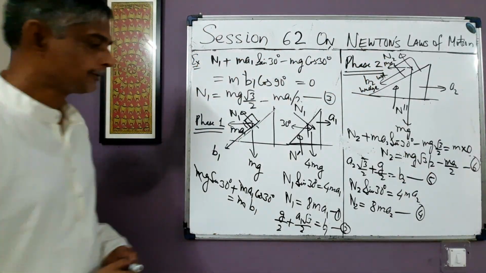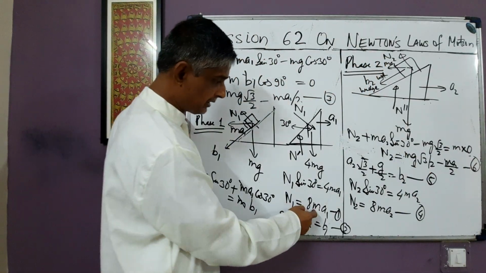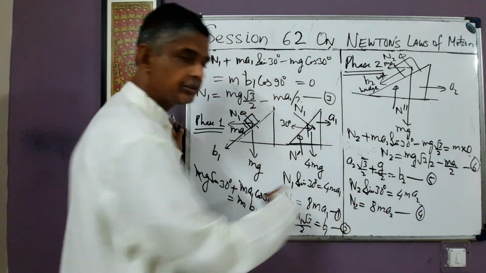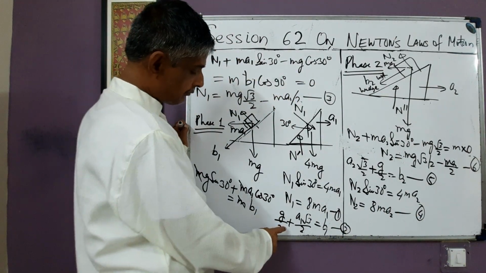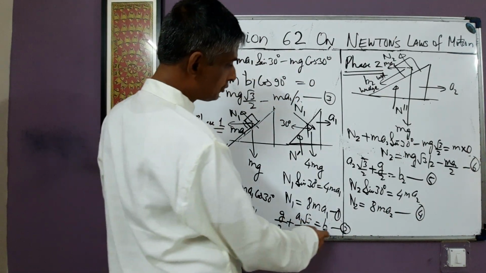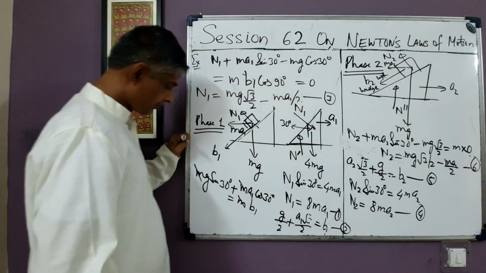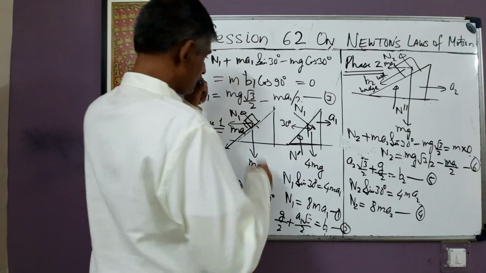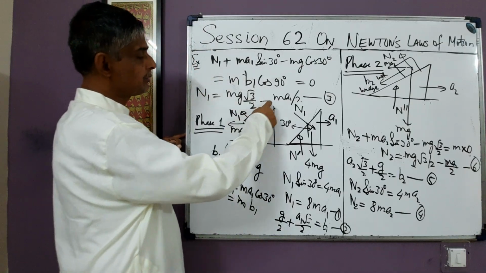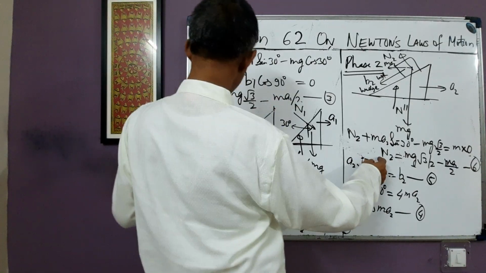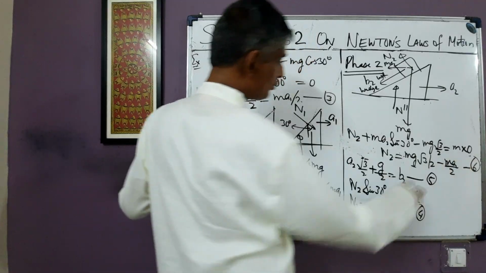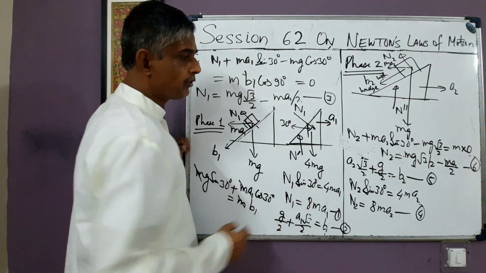Fine. So see the correspondence. n1 equal to 8 ma1, n2 equal to 8 ma2. They have identical forms. Upward journey, g by 2 plus a1 root 3 by 2 equal to b1. g by 2 plus a2 root 3 by 2 equal to b2. n1 equal to mg root 3 by 2 minus ma1 by 2. n2 is equal to mg root 3 by 2 minus ma2 by 2. So they again have the same form.